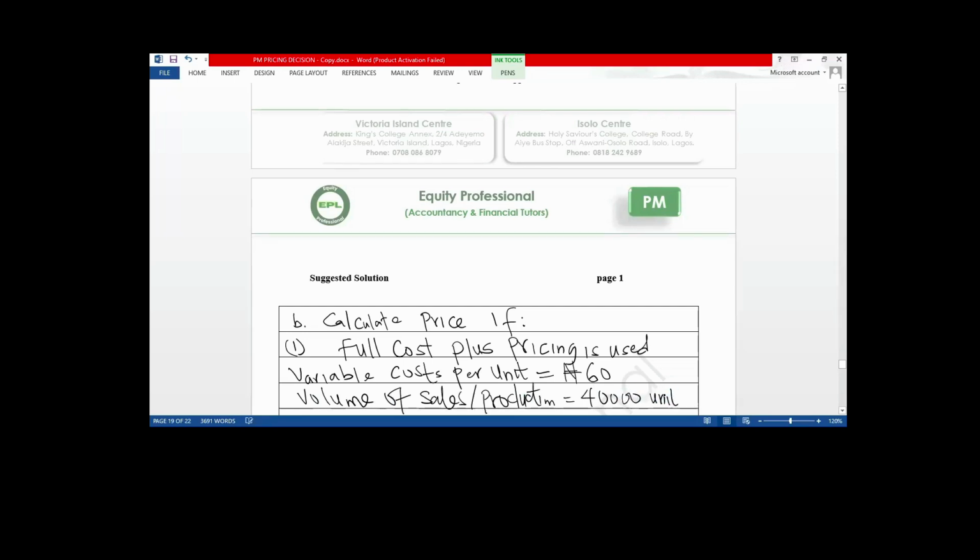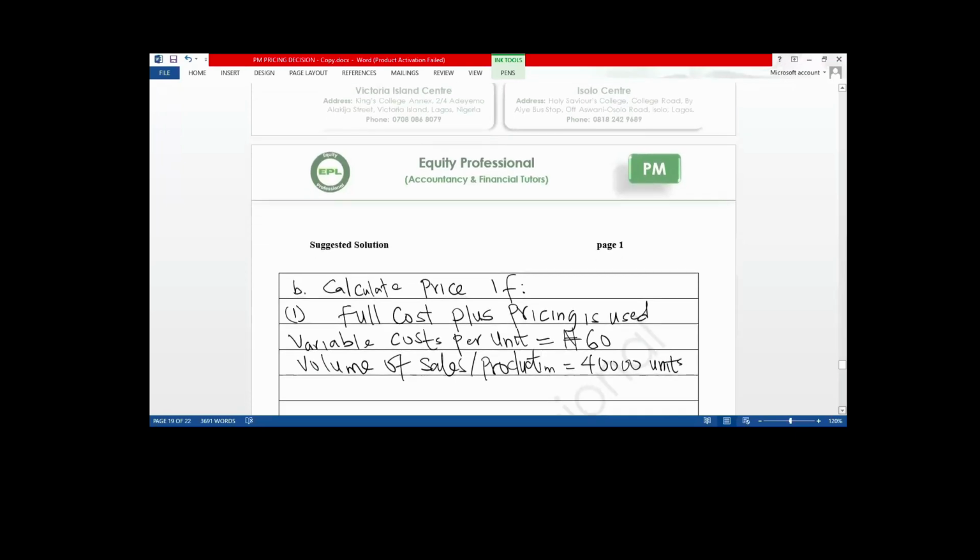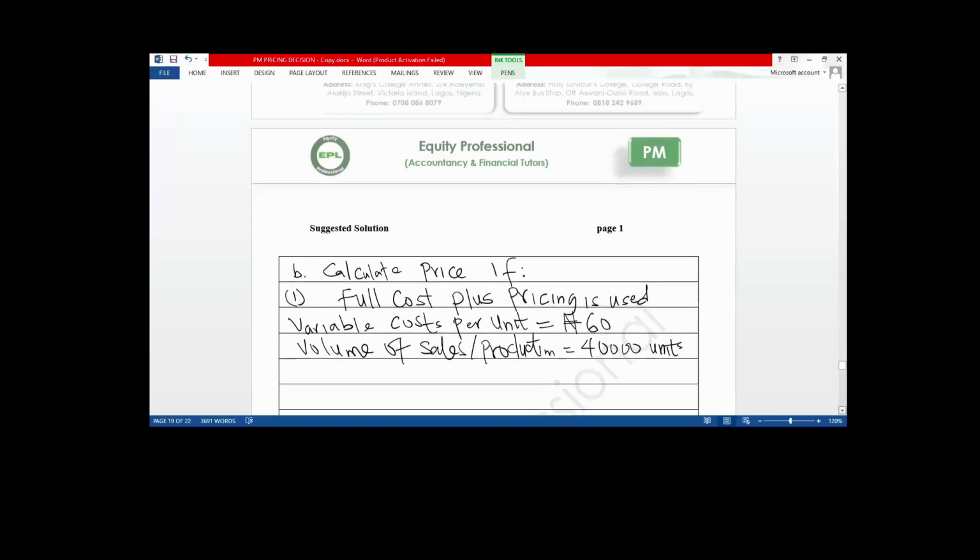That means we can get total production cost. Number of units multiplied by variable cost per unit. What is total production cost? Sorry, total variable cost. Total variable cost is equal to 40,000 units multiplied by 60 naira.